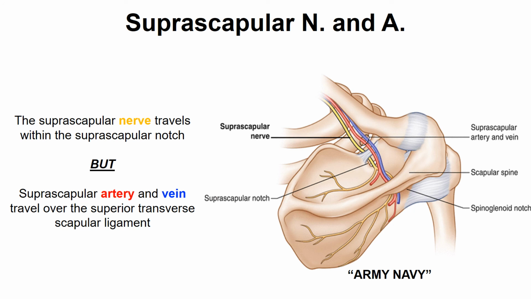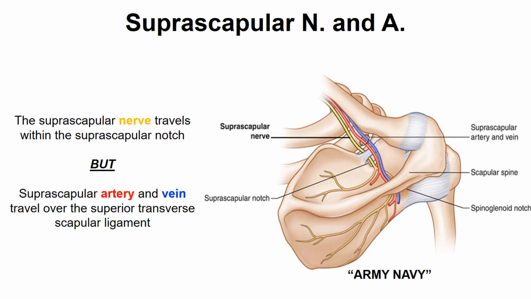So what this means is that this ligament commonly ossifies, so it makes that little canal at the scapular notch smaller, which will compress the nerve, but it won't compress your artery and vein. So the blood supply shouldn't be compromised in any way because it's going on top or superior to that superior transverse scapular ligament.